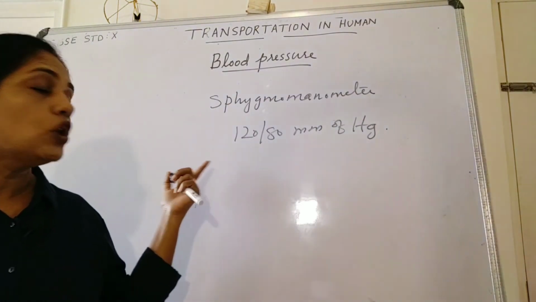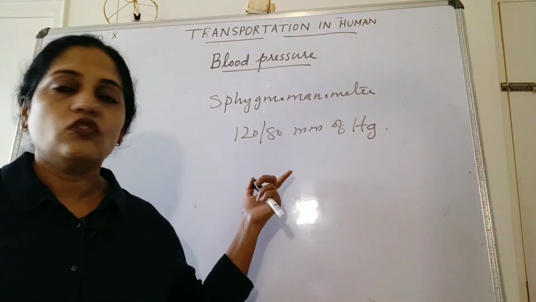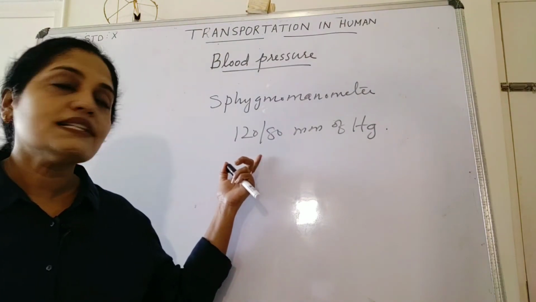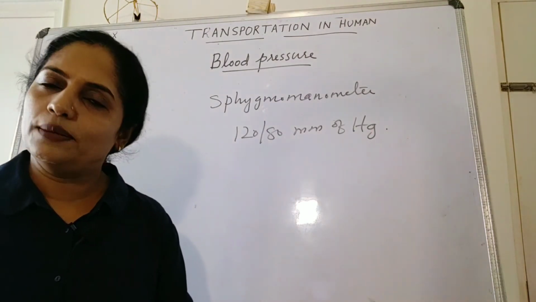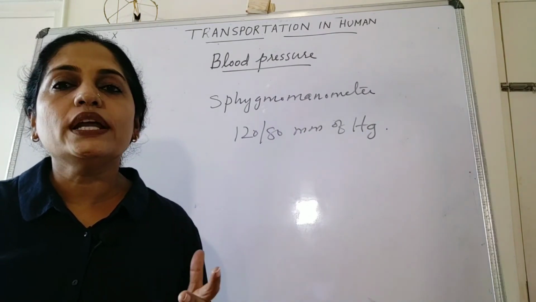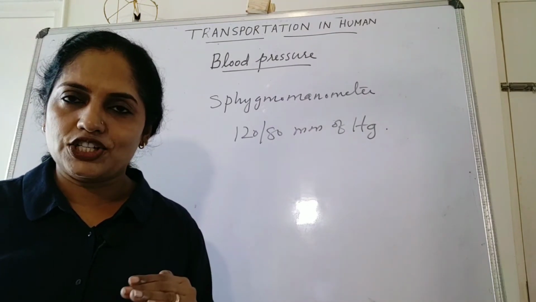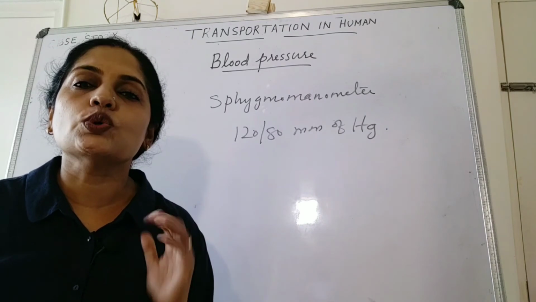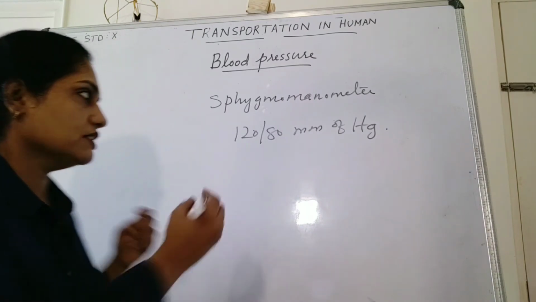Let us see what these two readings are. One is the systolic pressure and the other is the diastolic pressure. The pressure in the artery during the ventricular contraction or ventricular systole is called systolic pressure.